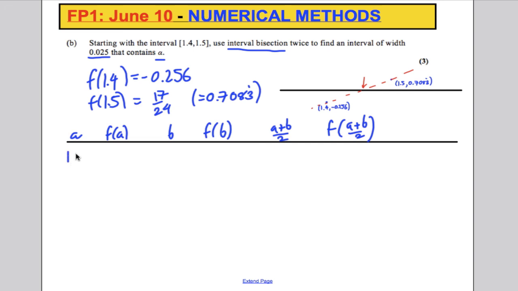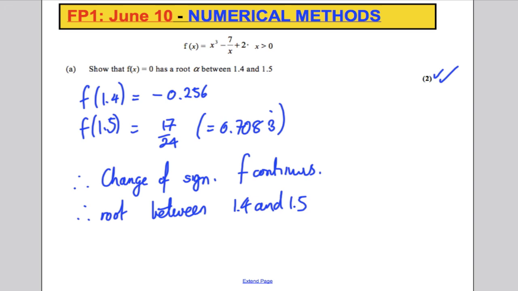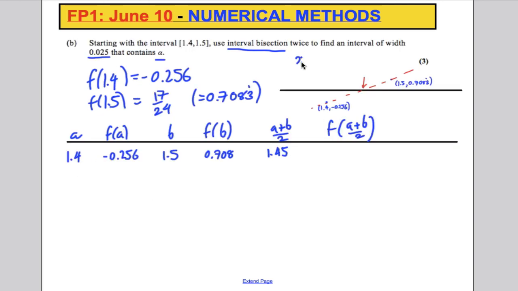So A was 1.4, f of A was negative 0.256, B was 1.5, f of B was 0.708, and A plus B over 2. So 1.4 plus 1.5 divided by 2 is obviously 1.45. Now we want to work out f of 1.45. Now our f is x cubed subtract 7 over x plus 2.